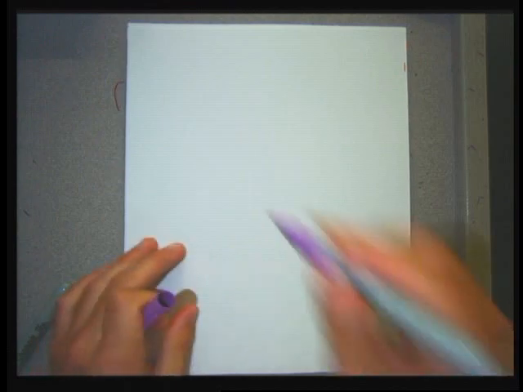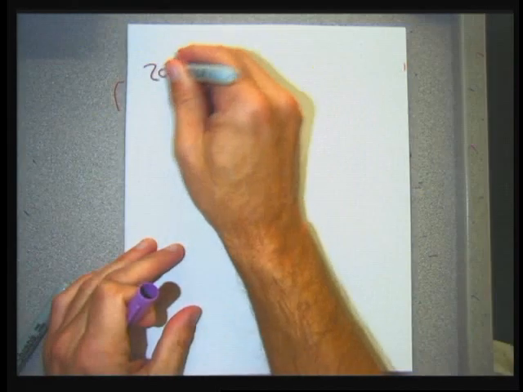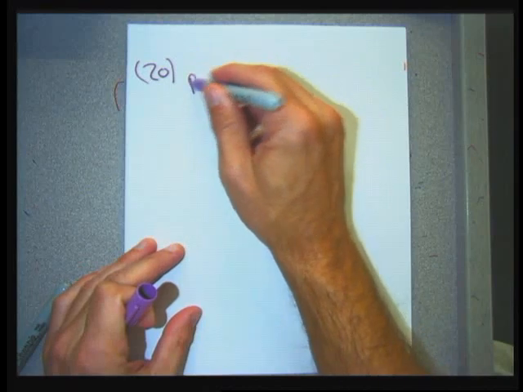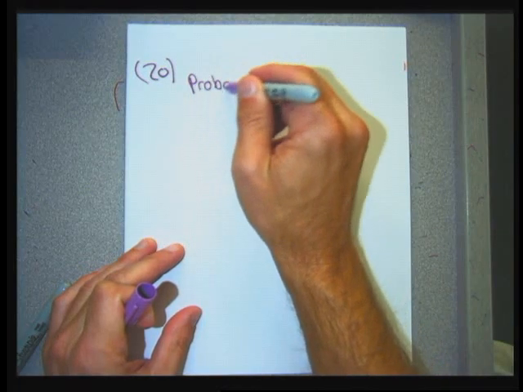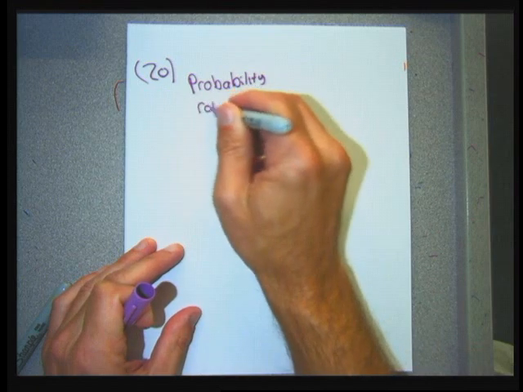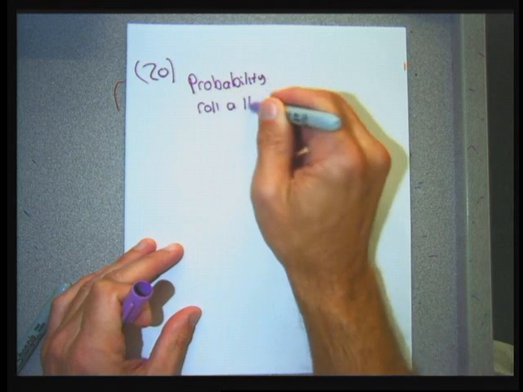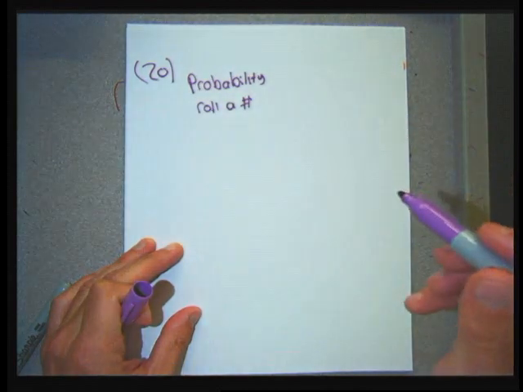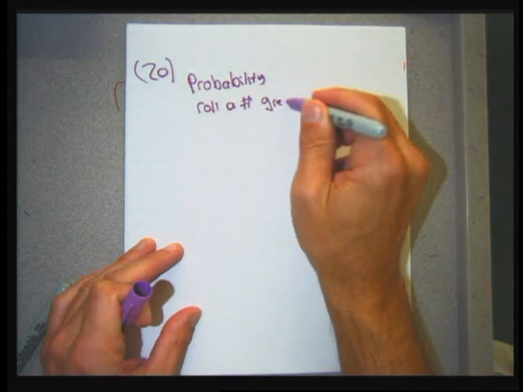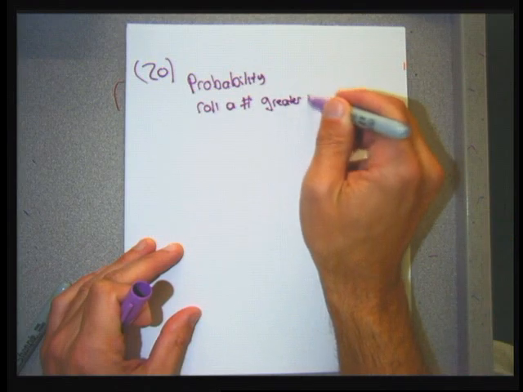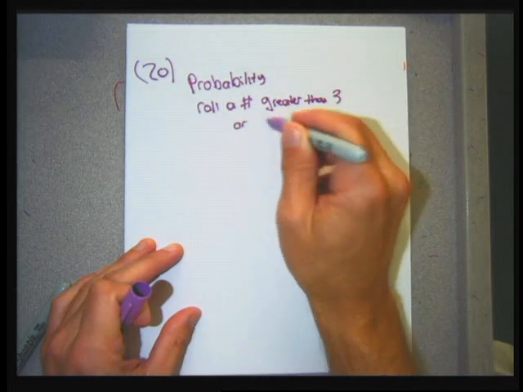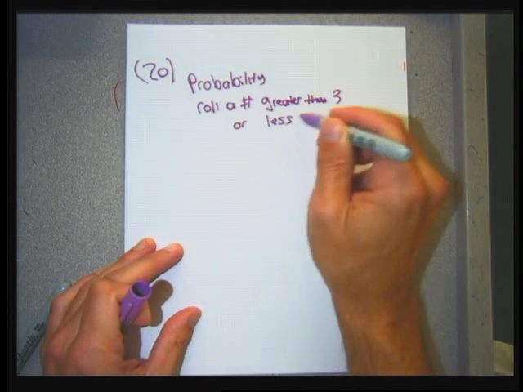So problem 20, same thing, I'm rolling a single die, asks me what's the probability that I roll a number that's either greater than 3 or less than 5.